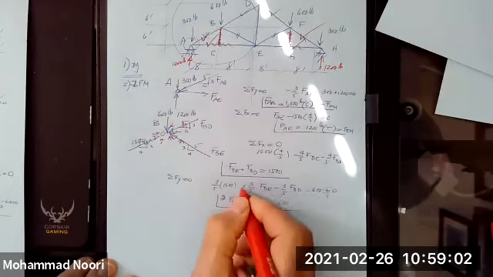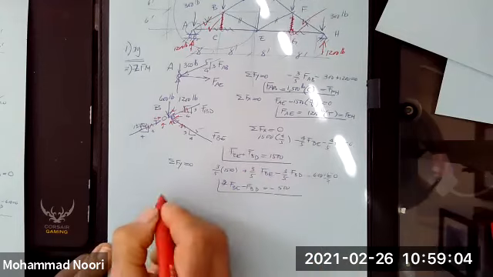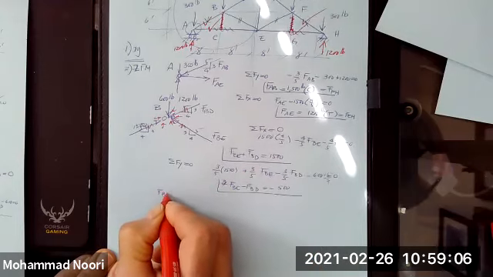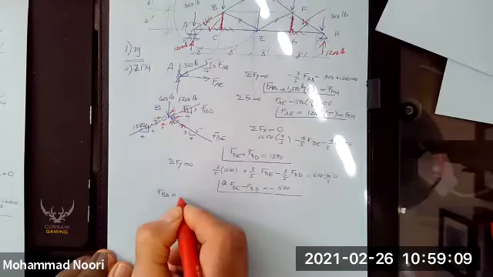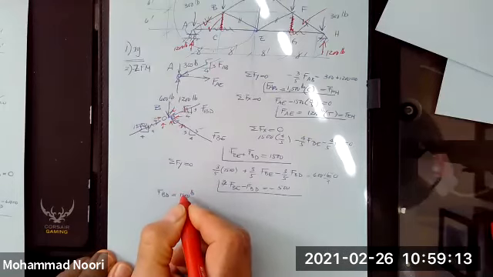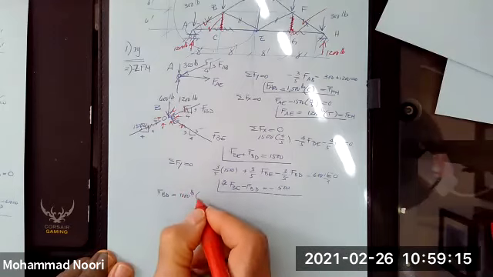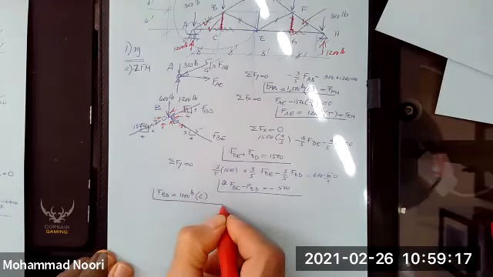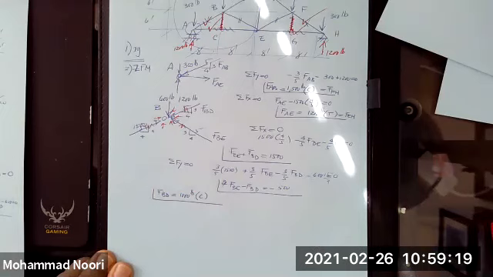If you solve for these, you see that F of BD comes out to be 1,000 pounds for BD, and it is the correct direction, so it would be compressive.